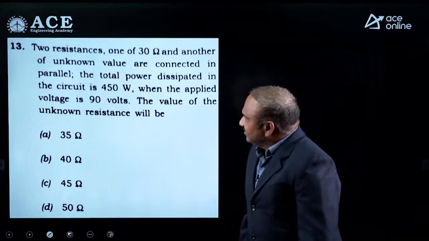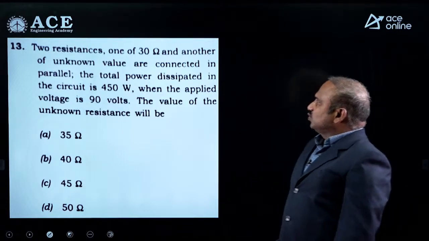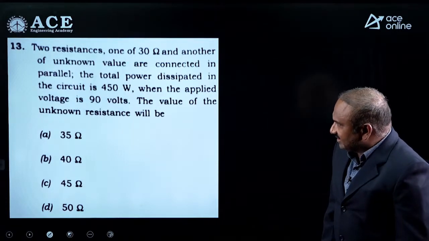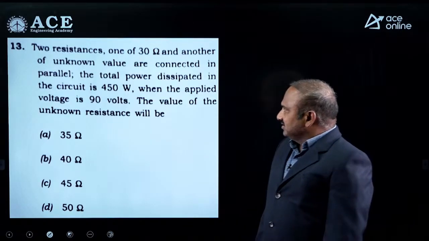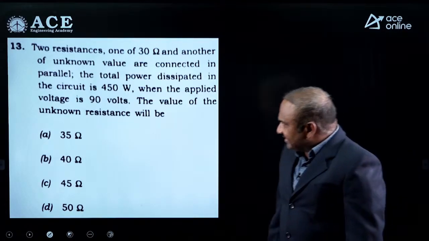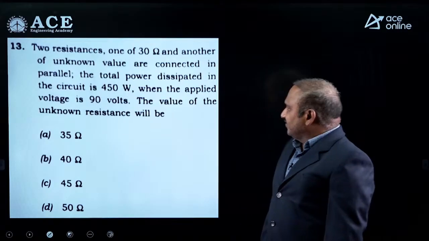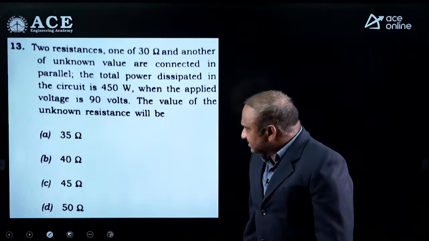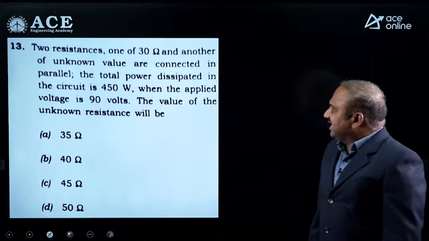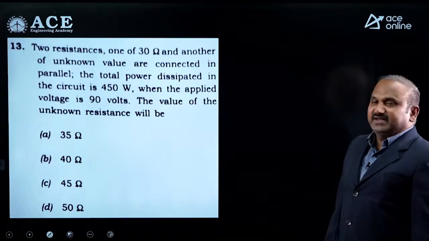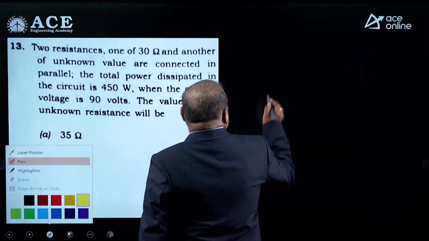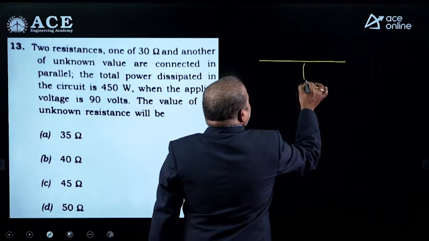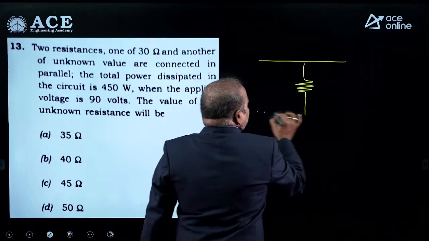The first question: two resistances, one of 30 ohms and another of unknown value, are connected in parallel. The total power dissipated in the circuit is 450 watts when the applied voltage is 90 volts. The value of the unknown resistance will be? It is very simple. If you are able to define the network, this is the only calculation part here.